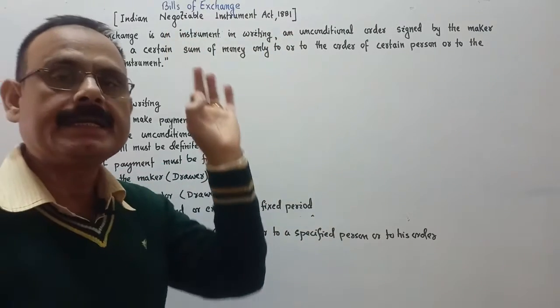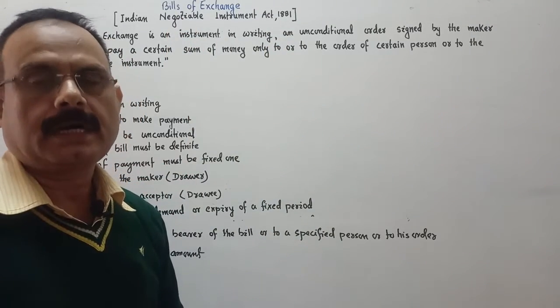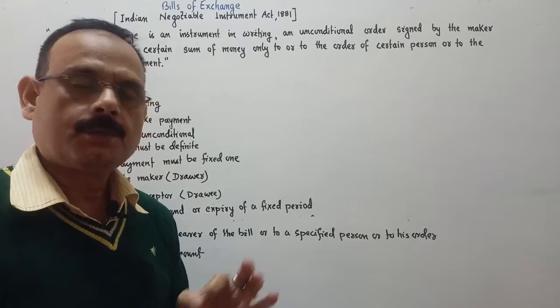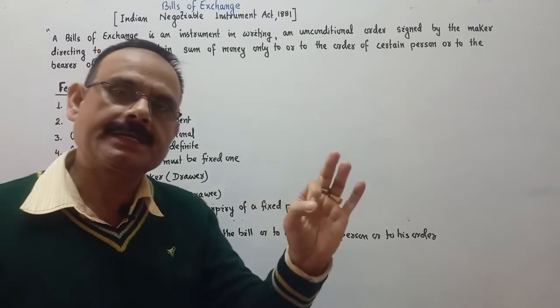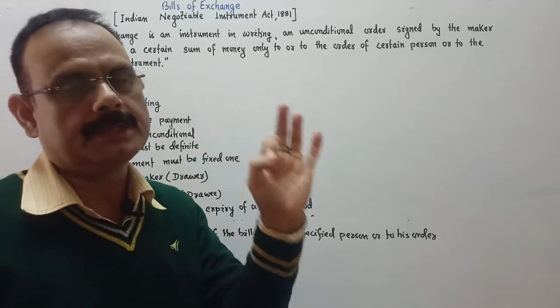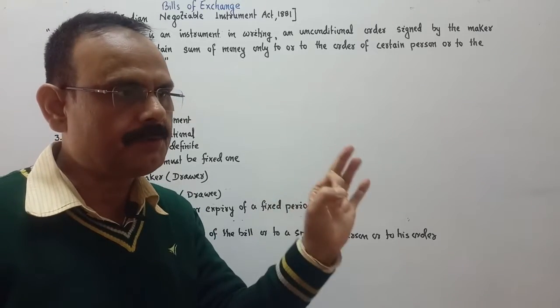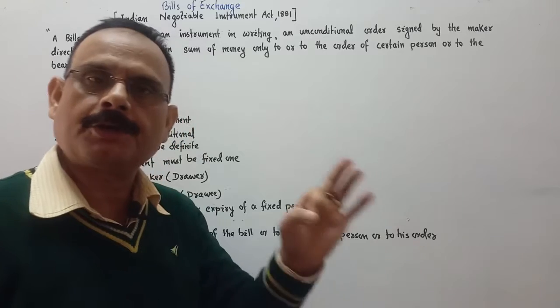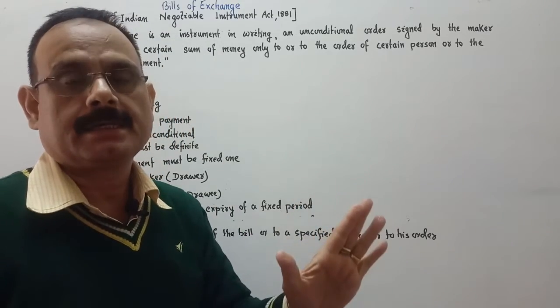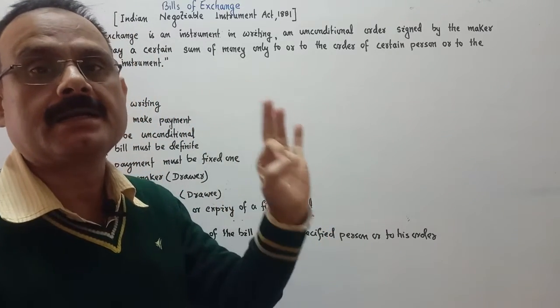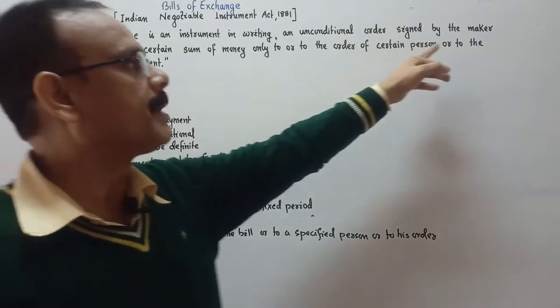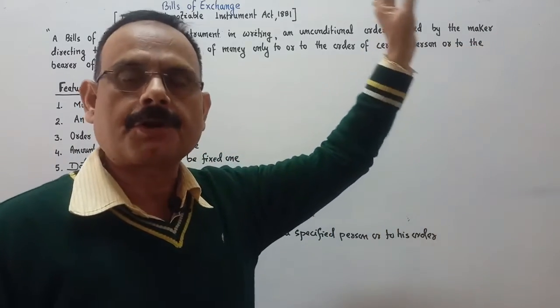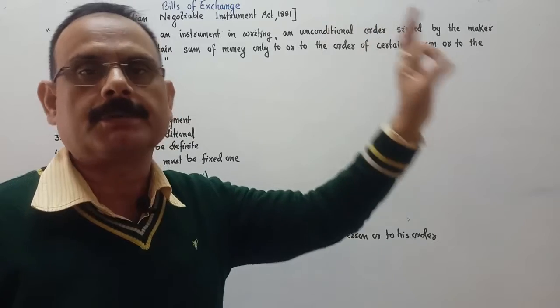An unconditional order. Unconditional order means whatever terms and conditions are given in the bills of exchange must be very clear. Three months after date, two months after date, pay to me or my order, like this. This must be unconditional.